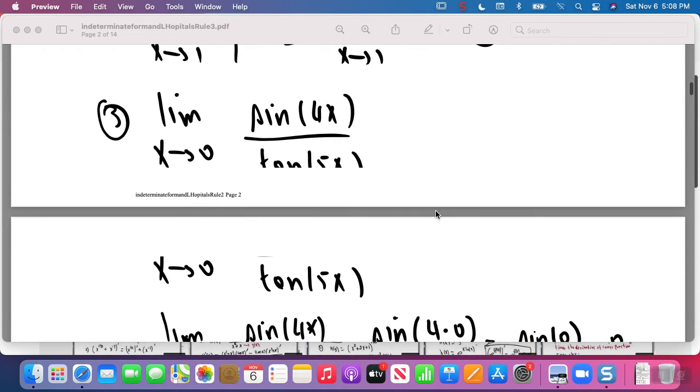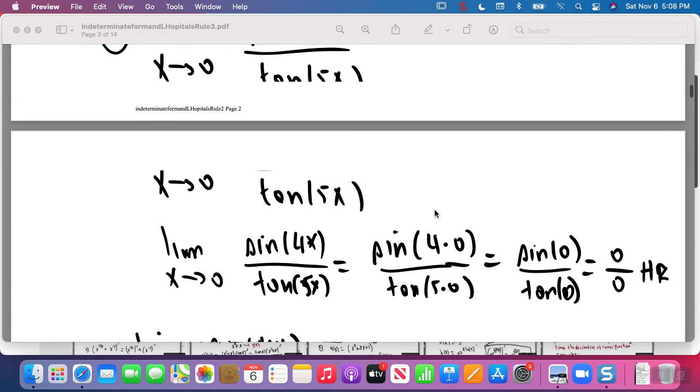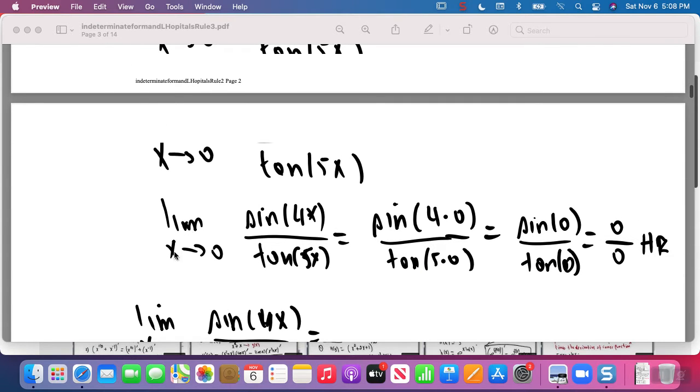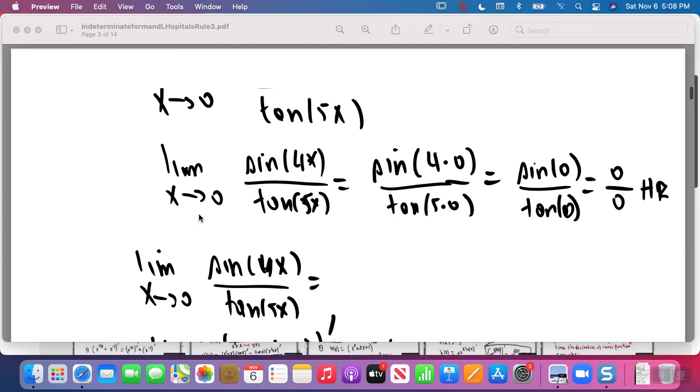So here's another example. We have the limit as x approaches 0 of sine of 4x divided by tangent of 5x. When x approaches 0, on the numerator we have sine of 4 times 0, and on the denominator we have tangent of 5 times 0.